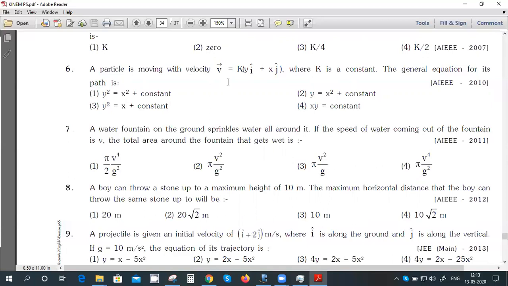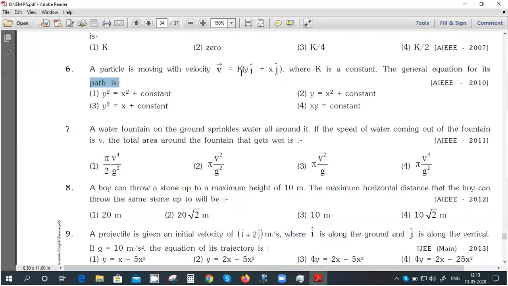That will give you acceleration, no? But what you want is the path. There is a reverse process, so we have to integrate. V is dx by dt i cap plus dy by dt j cap, right?